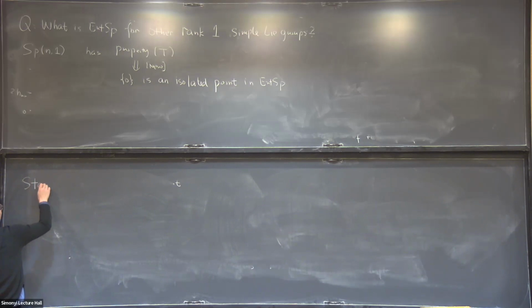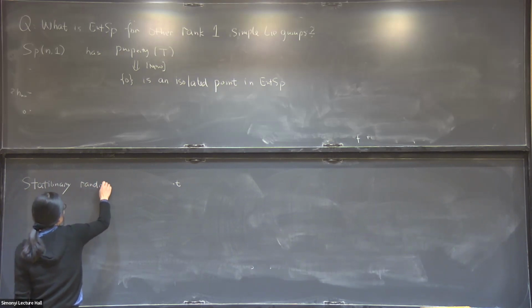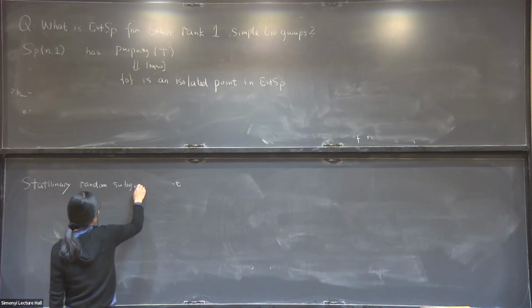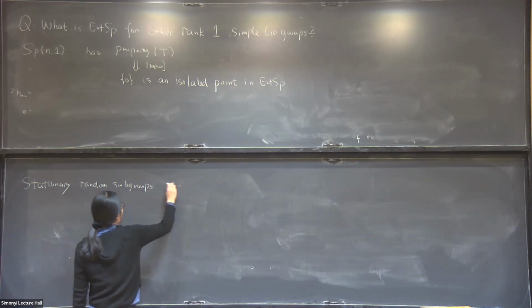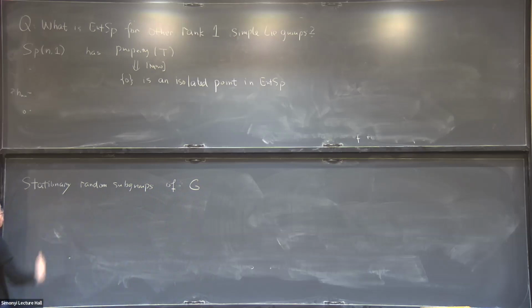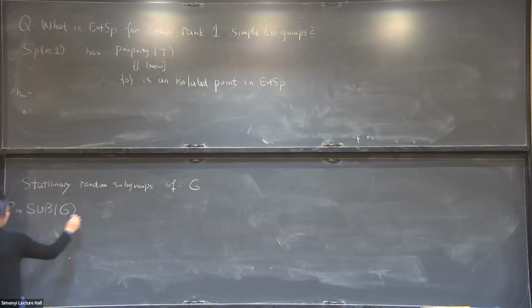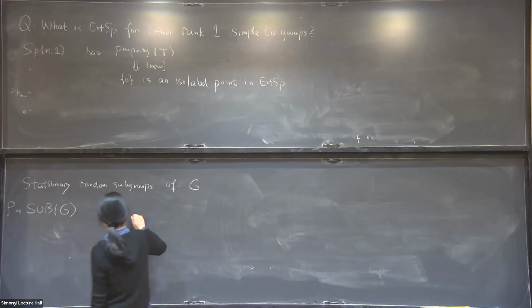So we consider stationary measures. These are called the stationary random subgroups of G. This is a fancy, more probabilistic name, but what you're looking at is closed subgroups of G, and then you look for measures such that they are stationary.